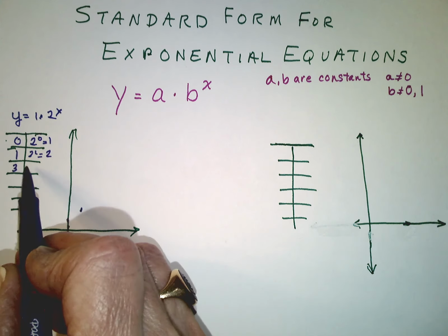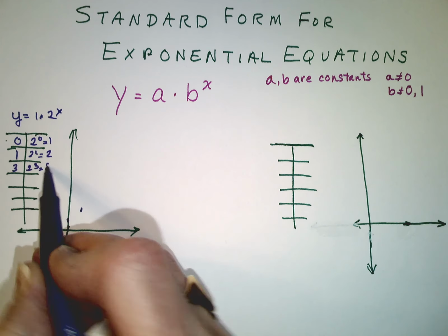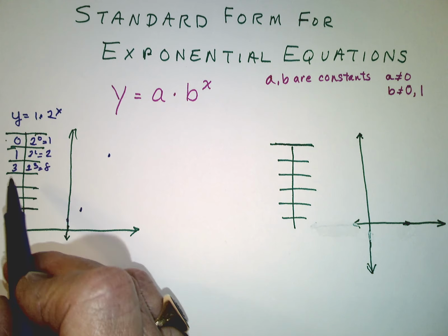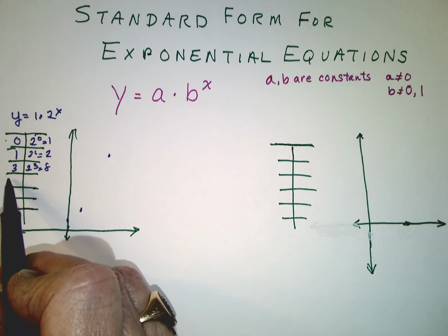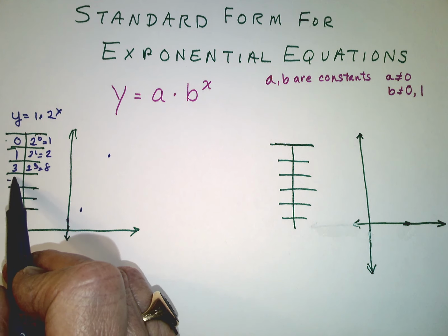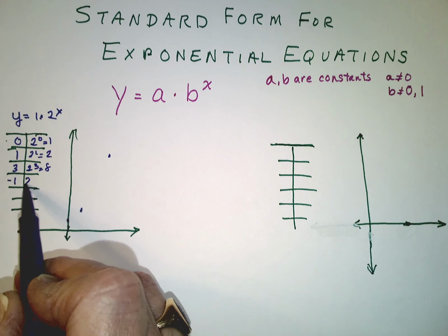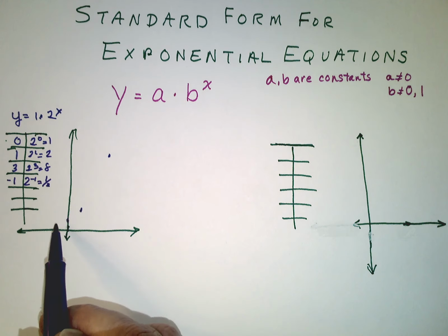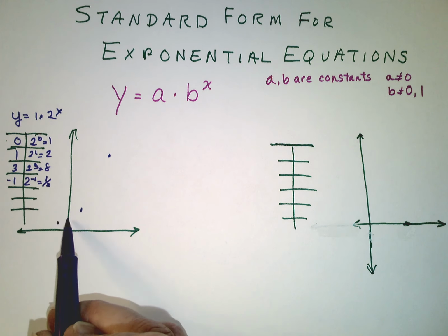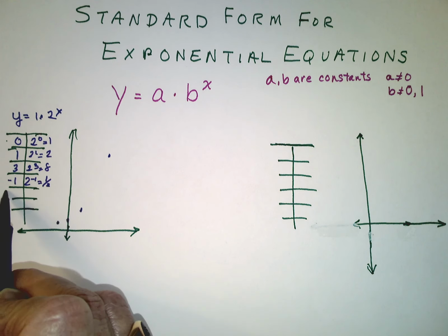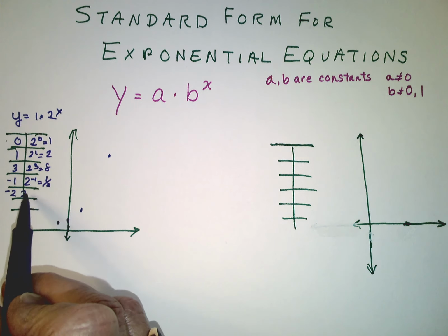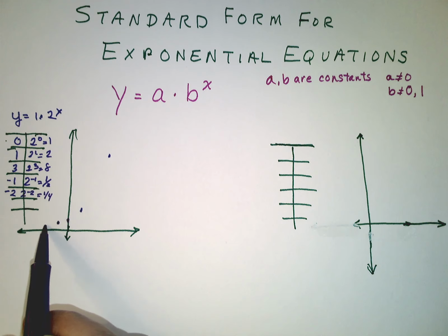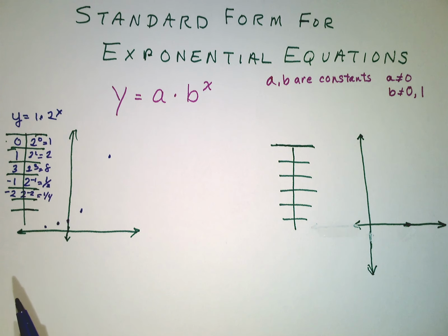When x is 3, we'd have 2 to the third power, which is 8. When x is negative 1, we'd have 2 to the negative 1 power, which is a half. When x is negative 2, we'd have 2 to the negative 2 power, which is a fourth. And I think you get the idea here.